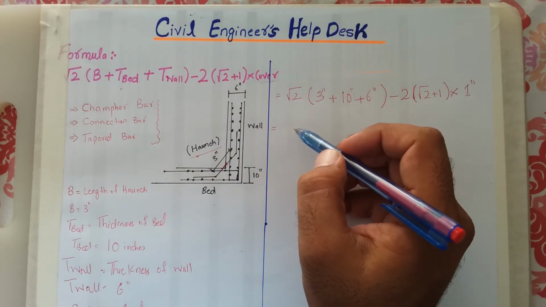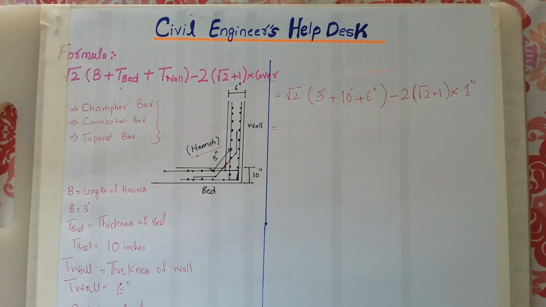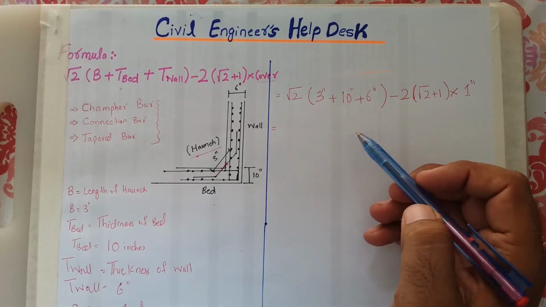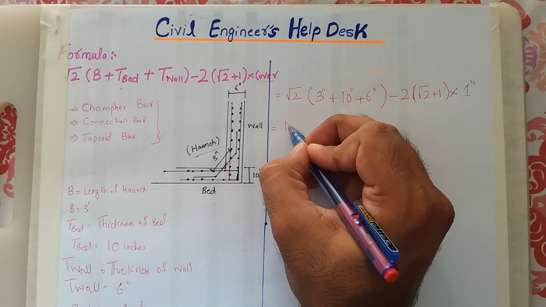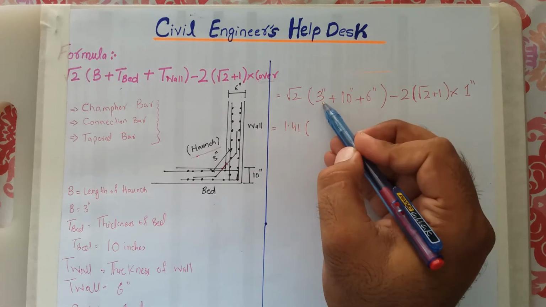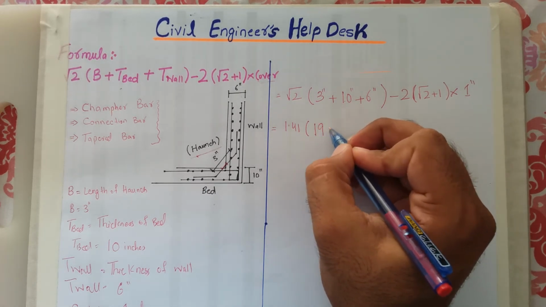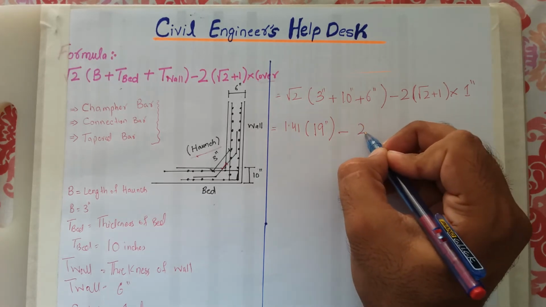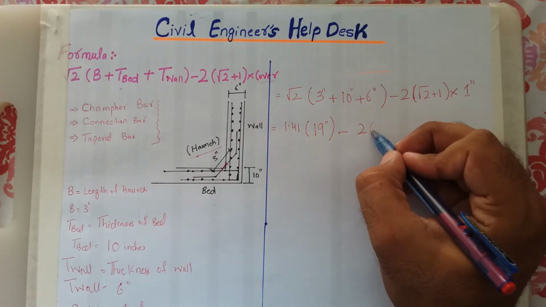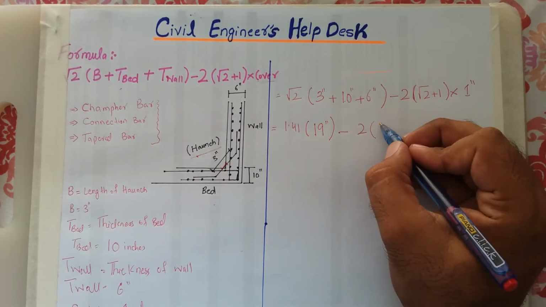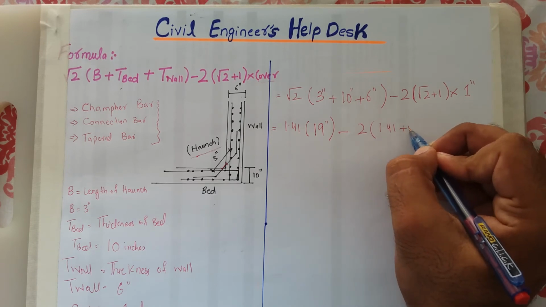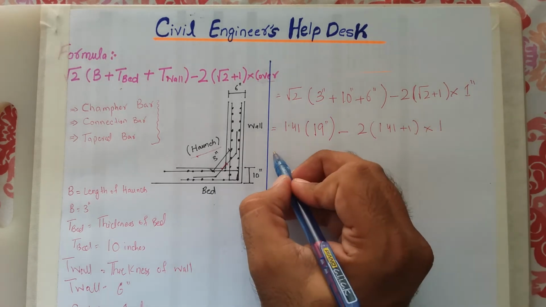Viewers, now we will calculate. The calculation is very easy. As we know, under root 2 means 1.41. 3 plus 10 plus 6, it will be 19 inches, minus 2, under root 2 means 1.41, plus 1, multiply by 1 inch.